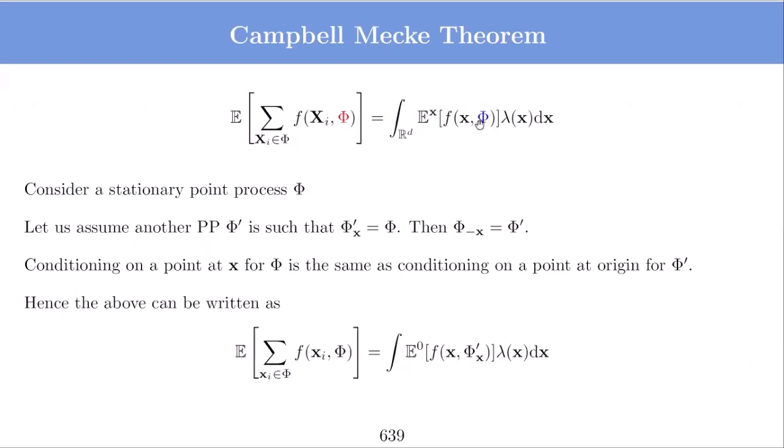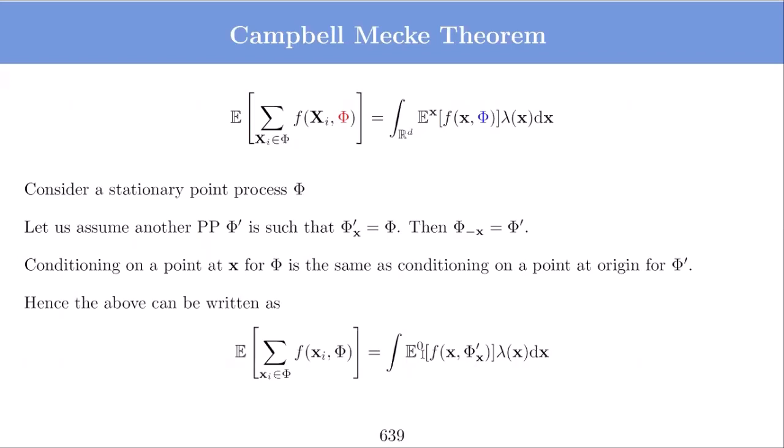But now my main process is not phi dash, so the expectation is with respect to the distribution of phi dash. When I put x in this case, it is because I'm computing the expectation with phi, so there's a point at x in phi. Here I'm computing the expectation with respect to phi dash, so I have to write it from the perspective of phi dash.